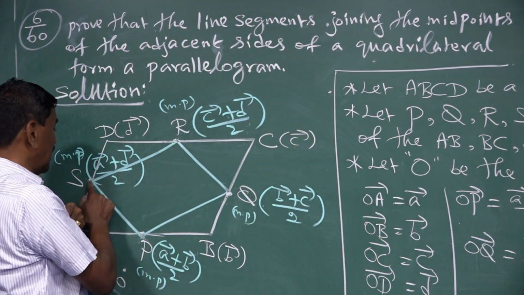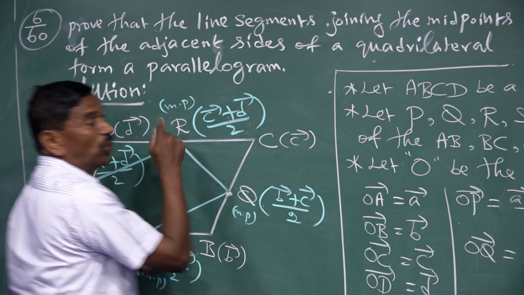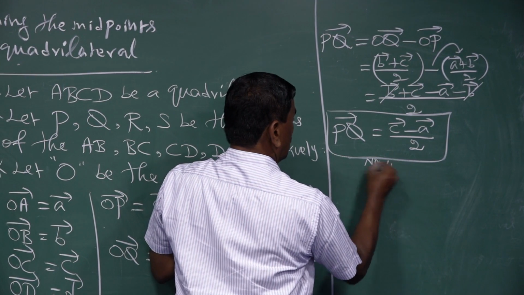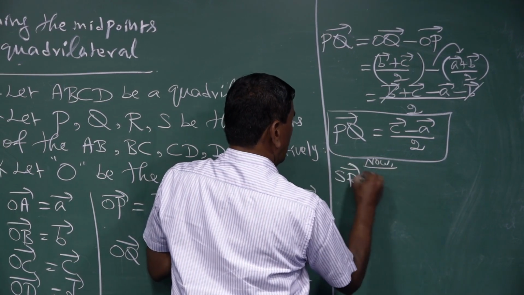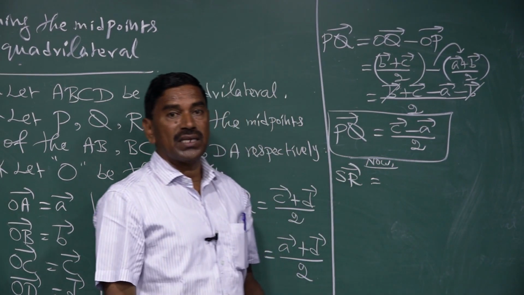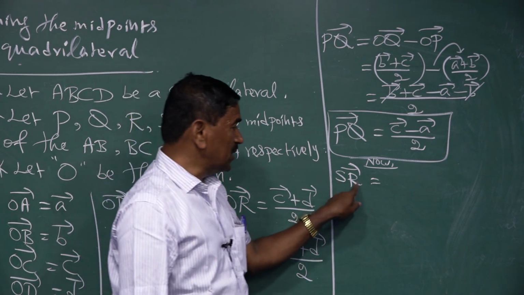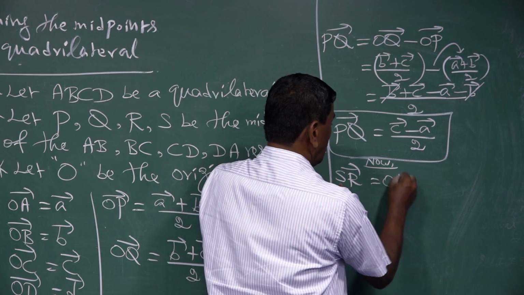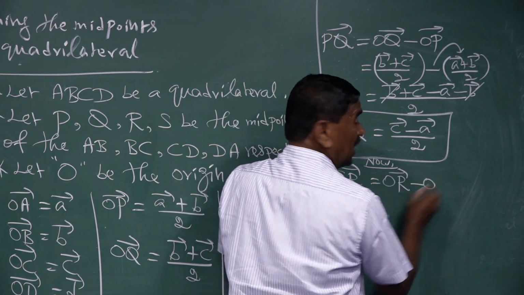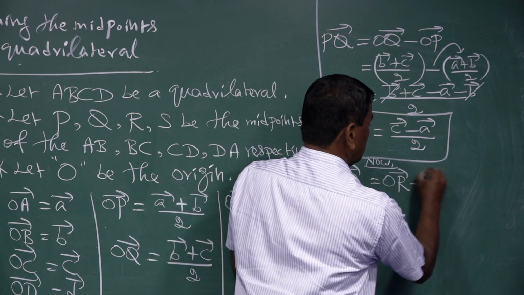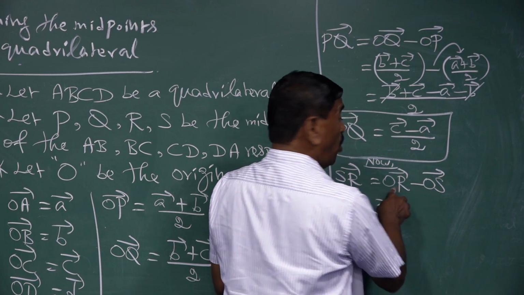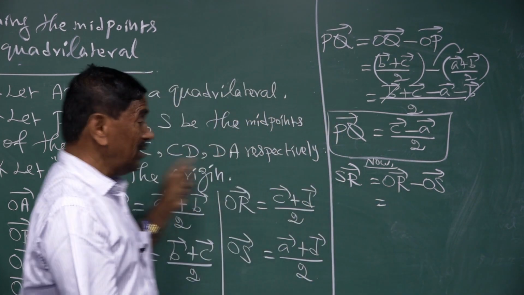Now consider SR vector. How to find SR vector? Second minus first. Second minus first means OR vector minus OS vector. What is OR vector?